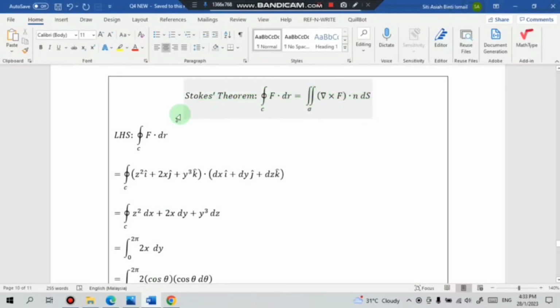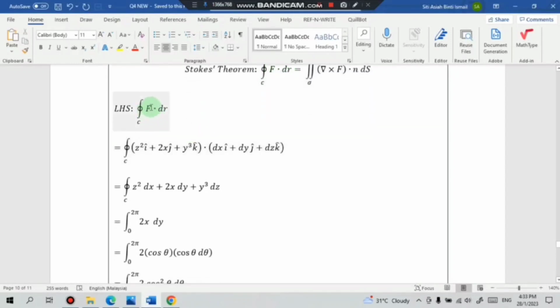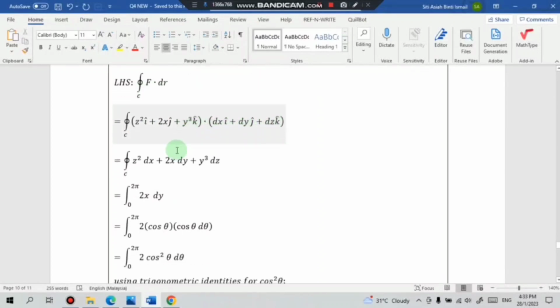Firstly, we are going to find the left hand side using the formula, the integral of f times dr. Since the given vector f is equal to z square i plus 2x j plus y to the power of 3 k, times dr, which is dx i plus dy j plus dz k, we get z square dx plus 2x dy plus y to the power of 3 dz.